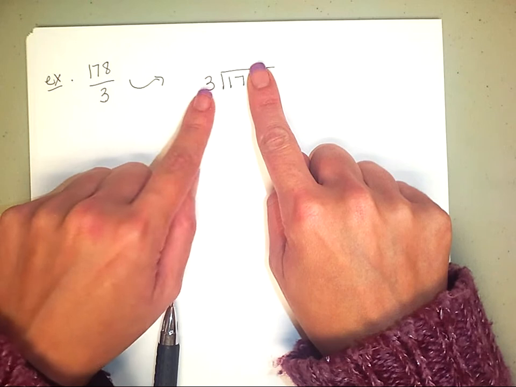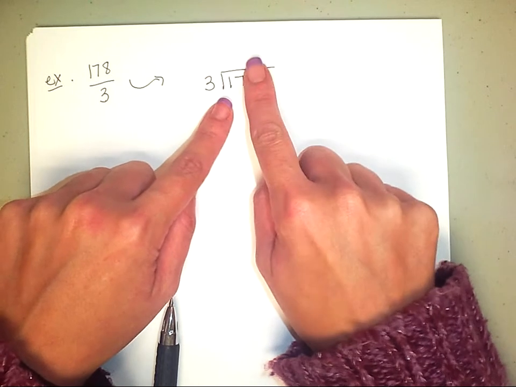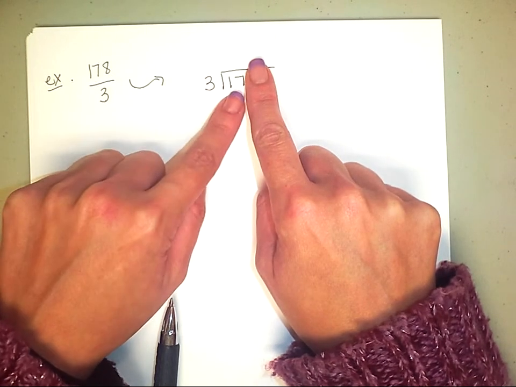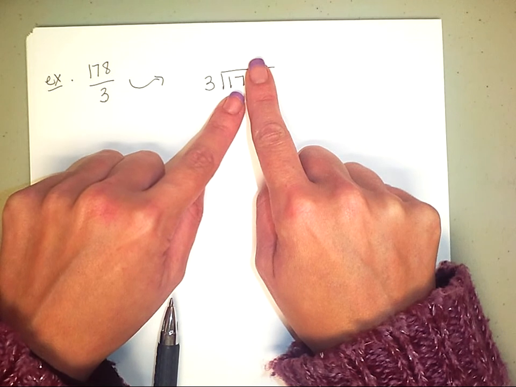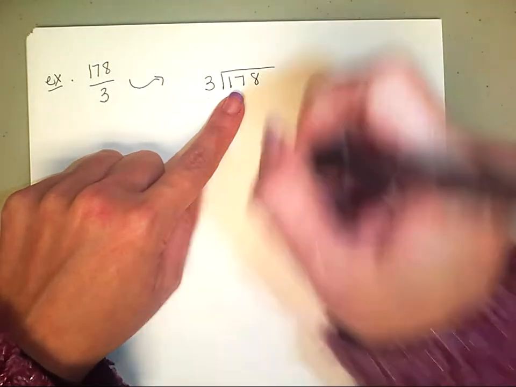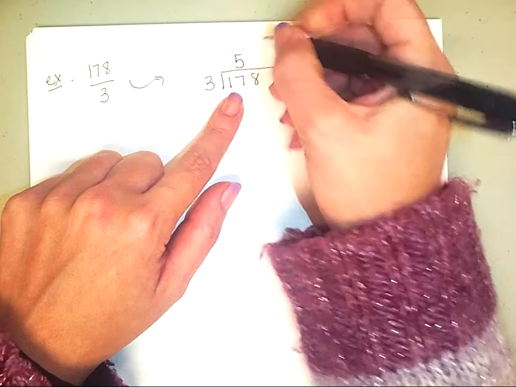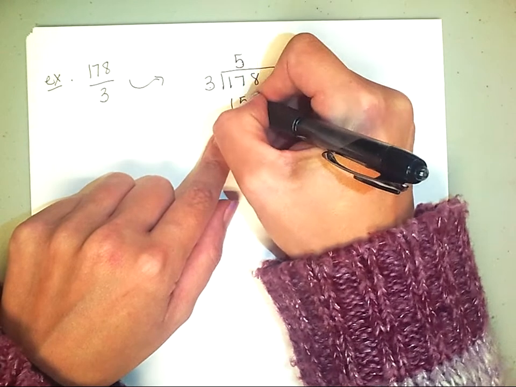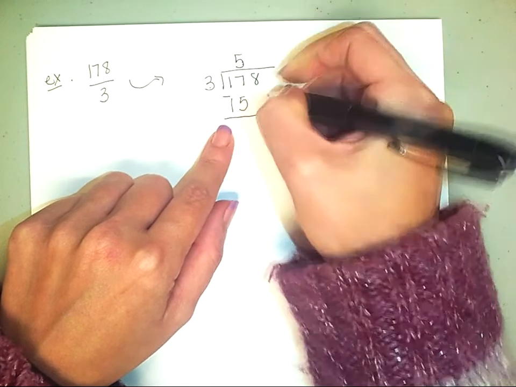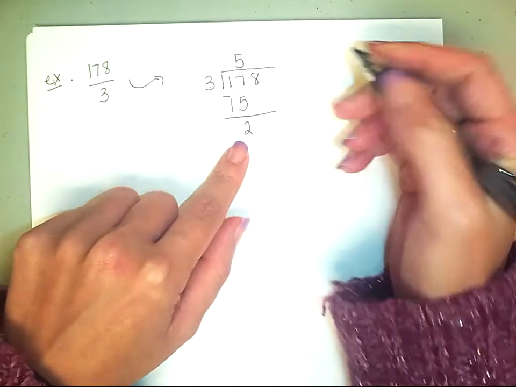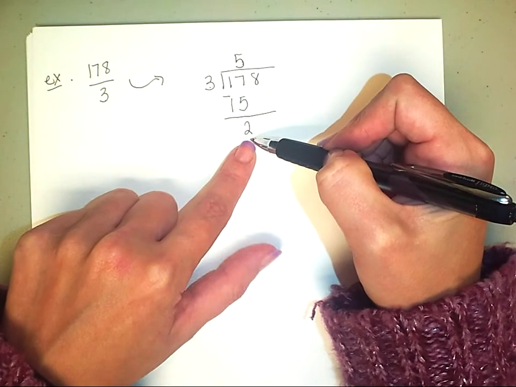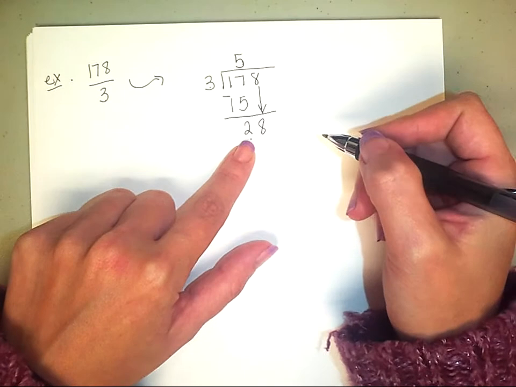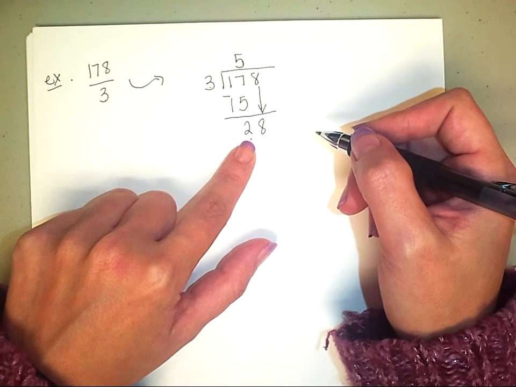And then we look at it in stages. We'll say how many times does 3 not go into the whole 178, but just in the first 2 numbers. Well, 3 goes into 17 5 times. So we write that up here, and then 5 times 3 is 15, and we would subtract. There's a remainder of 2, and then you bring down the 8, and then we start the process over again.